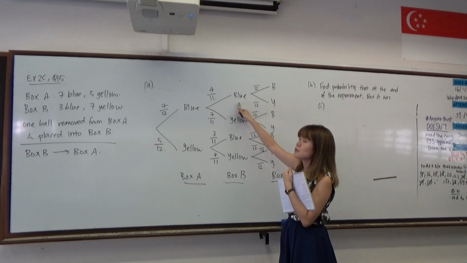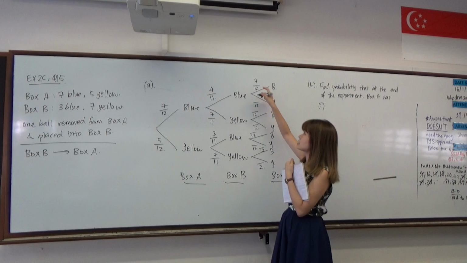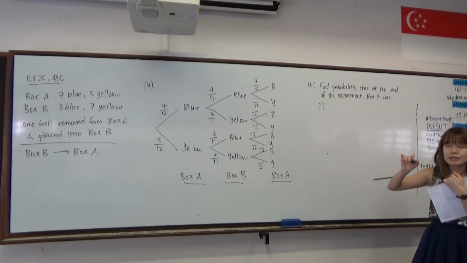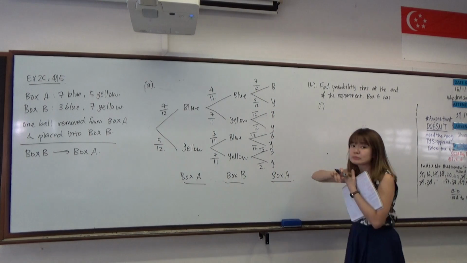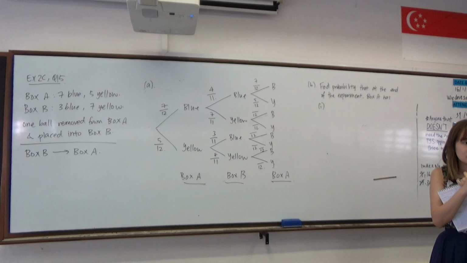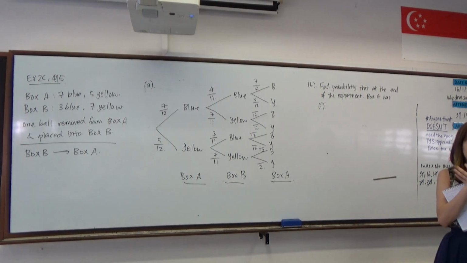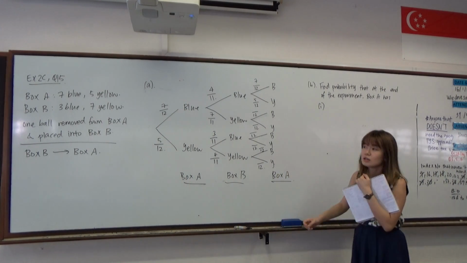Then after that, I put back a blue one, go back to 7. So therefore, it will be 7 over 12. Then after yellow will actually be 5 over 12. Anyone confused so far? 7 or 12, we take out blue, then you go back. So it's 6 over 11.